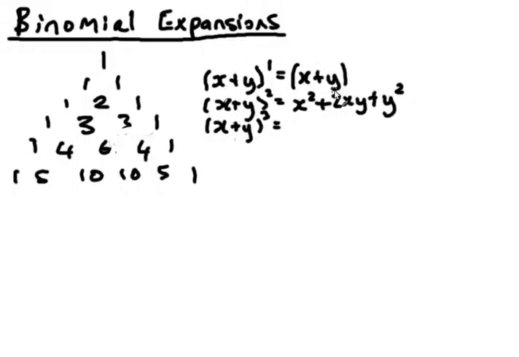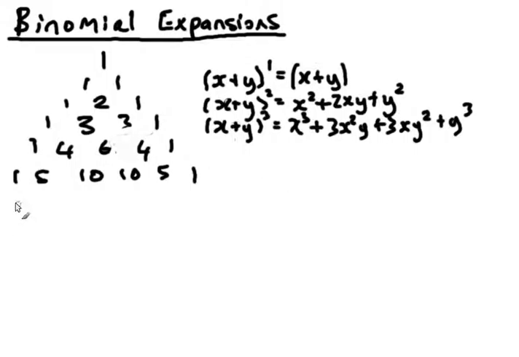So we get x cubed, the power goes down on x and up on y, x cubed plus 3x squared y plus 3xy squared plus y cubed, and so on and so forth. So Pascal's triangle is dead handy if you're multiplying out high powers on a bracket.